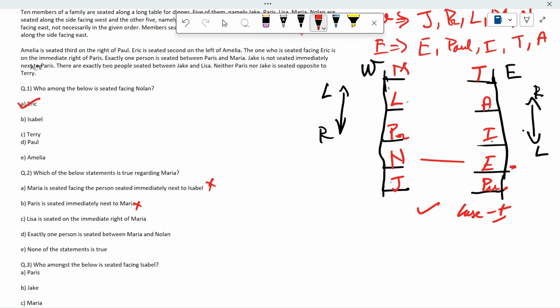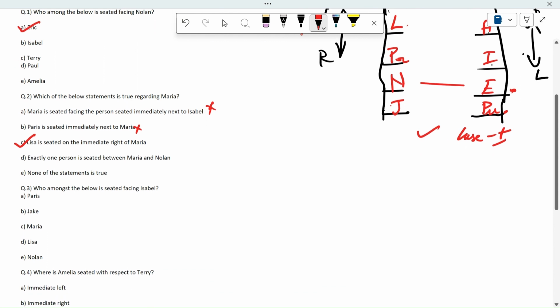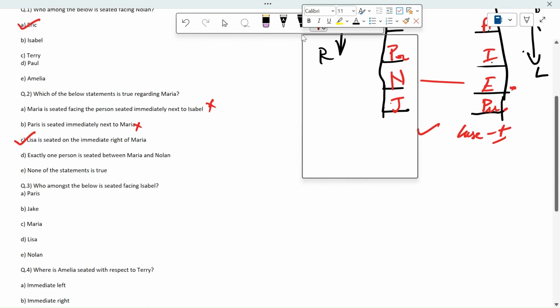Lisa is seated on the immediate right of Maria. It is correct. Lisa is on the immediate right of Maria, and this side direction is here. Exactly one person is seated between Maria and Nolan. No, none of the statements is true. Always read all the statements. So in this, option C was the correct answer.